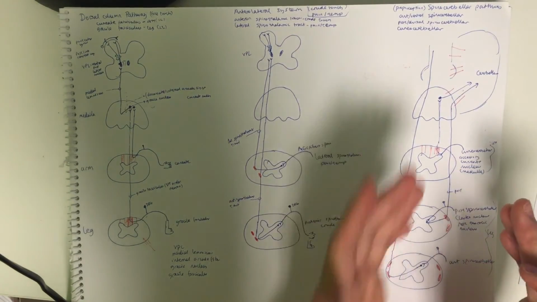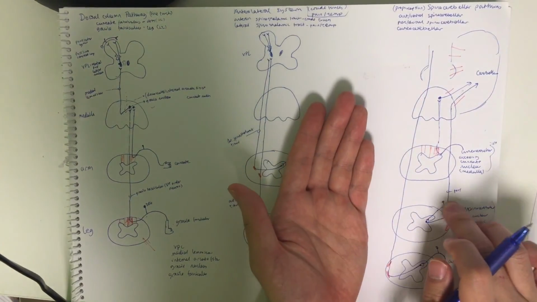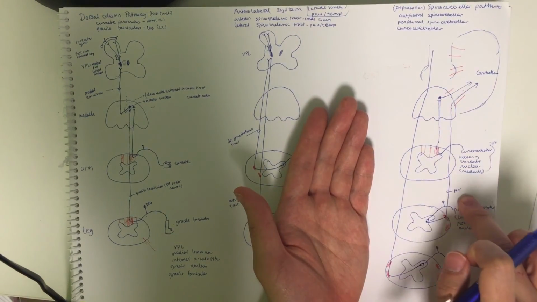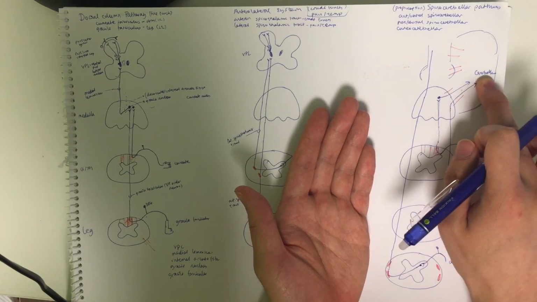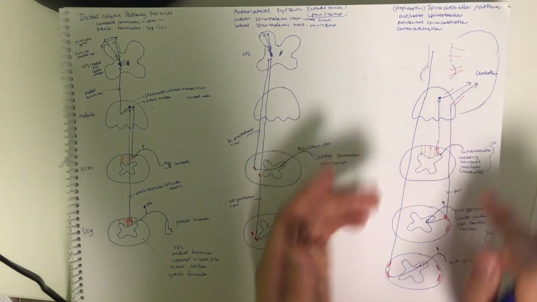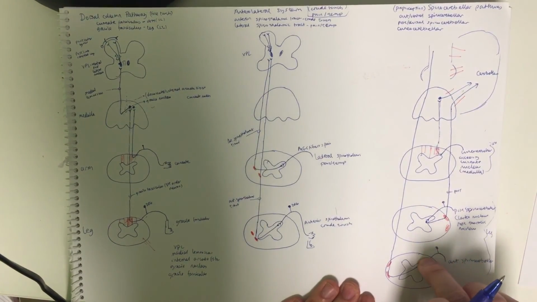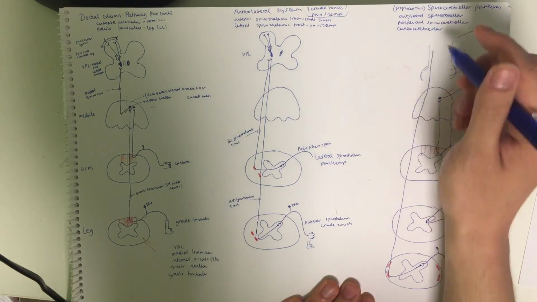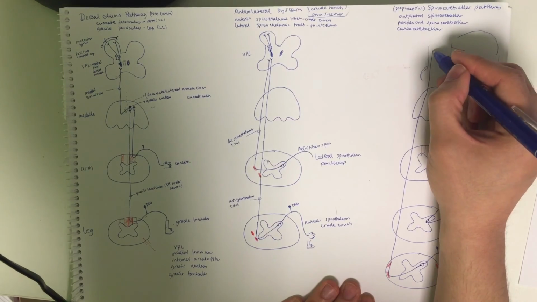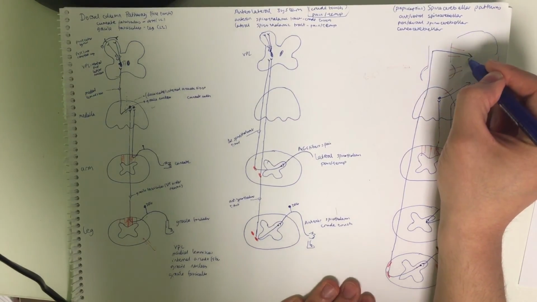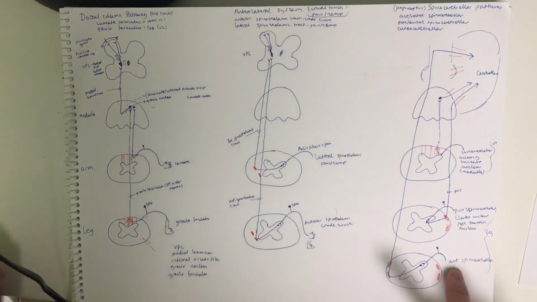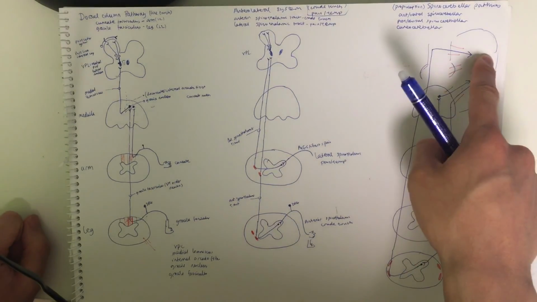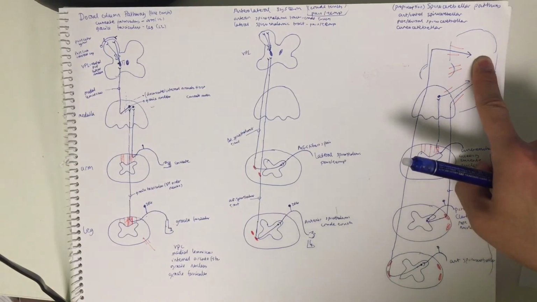See? Check this out. You know this side? Once it's gone in, it stayed on the same side and it goes up. So if it started from the left, it goes up on the left and then it enters through the left peduncle. This one decussates over to the right side, goes up, but then it doesn't go to the right side, it comes back and enters the left side. So it enters the left side, might have decussated, but it still goes back into the left side of the cerebellum.